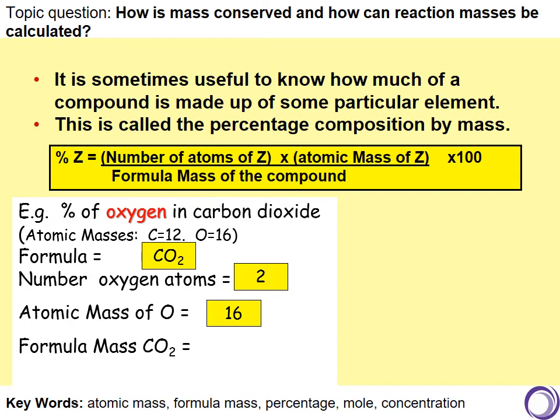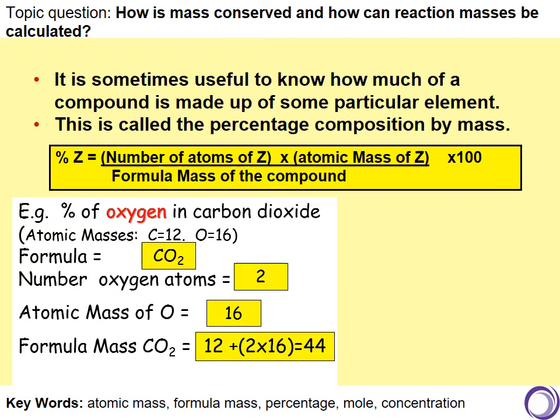And the total formula mass for carbon dioxide will be 12 plus 2 times 16, which gives us 44. That's all the information I need to know to work out the percentage of oxygen in carbon dioxide.